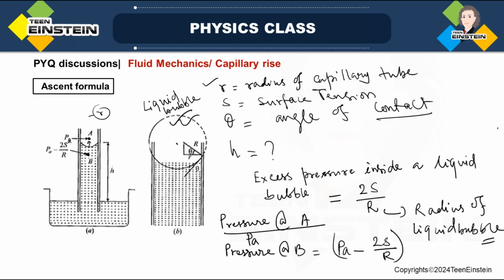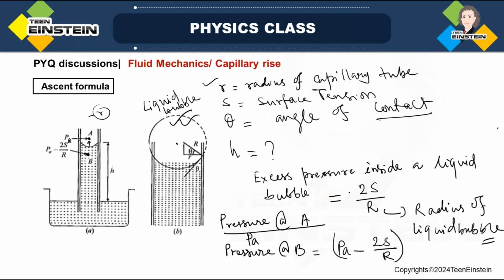Hydrostatic pressure h rho g will be exactly equal to the excess pressure over here.